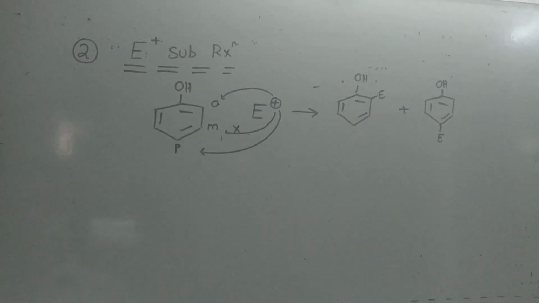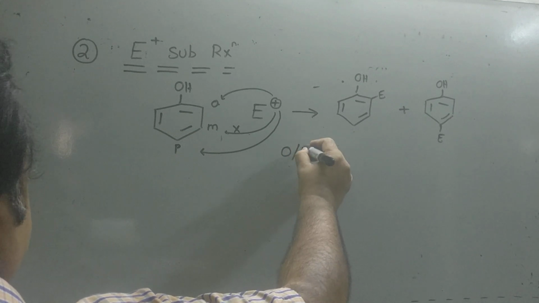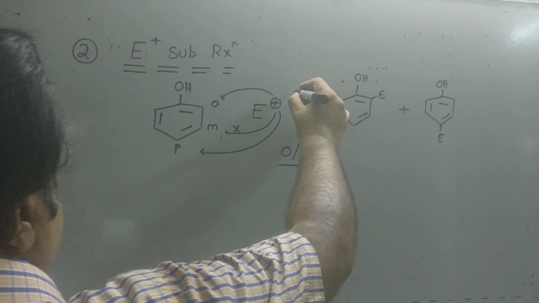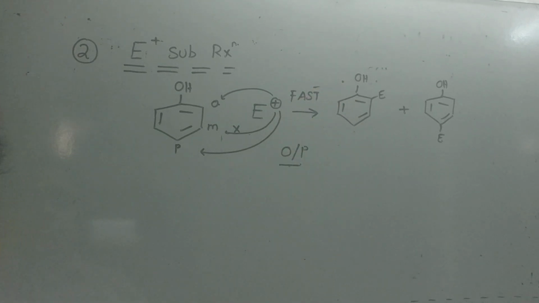So phenol undergoes electrophilic substitution at the ortho and para positions, and the reaction is very fast, meaning phenol is activated towards electrophilic substitution. We are going to prove this right now.